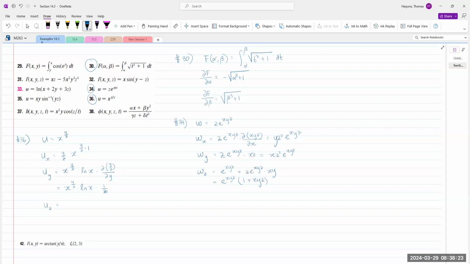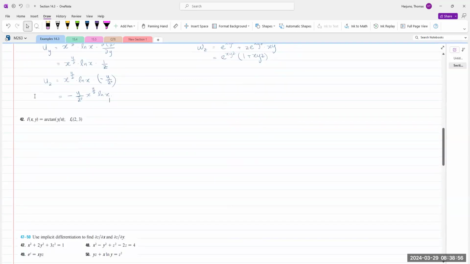X here becomes the base, x to the y over z times the change of base times the partial of y over z with respect to z. That will be negative y over z squared. Let me make it nicer. So negative y over z squared x to the y over z natural log of x. Okay.